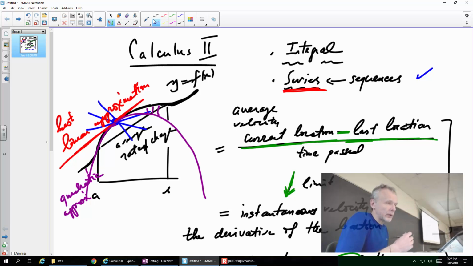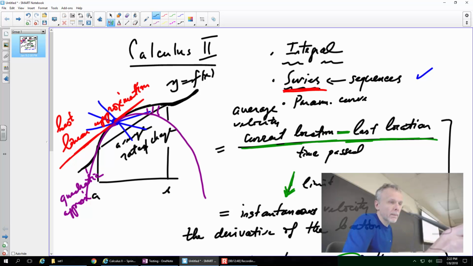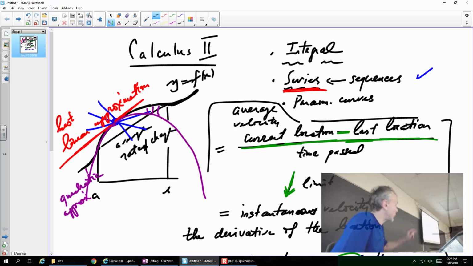So that's the chapter about series, and the third item on the list is parametric curves. This is an introduction into multidimensional calculus. If we study motion, we don't really want to limit ourselves to something like that.